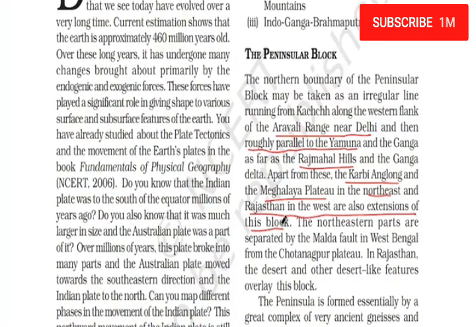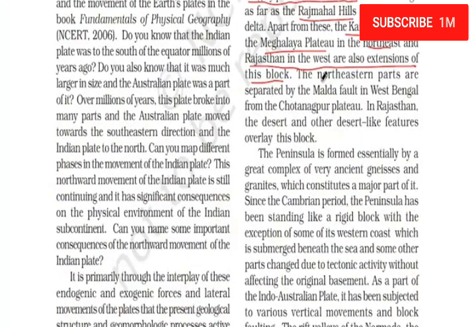What is the meaning of this? You have Aravallis till Rajmahal hills, and then you have northeast India, especially Meghalaya plateau and Karbi Anglong plateau, and on this side you have Rajasthan. So this is what the northern part of the peninsula looks like, and as I have already told you, above Ganga whatever comes is plains, and what separates the northeastern parts from the remaining part is the Malda fault in West Bengal.